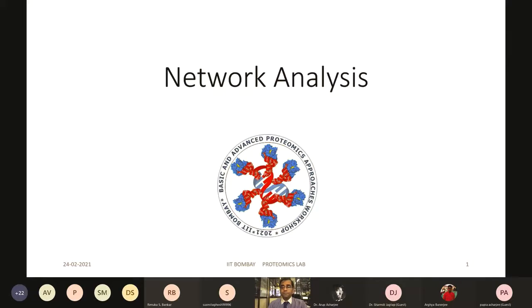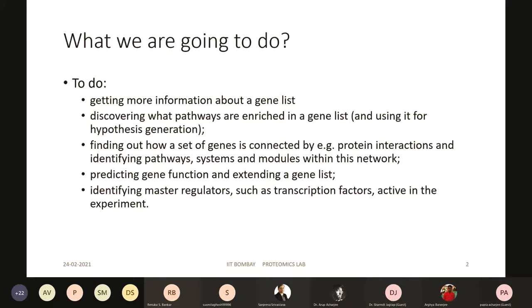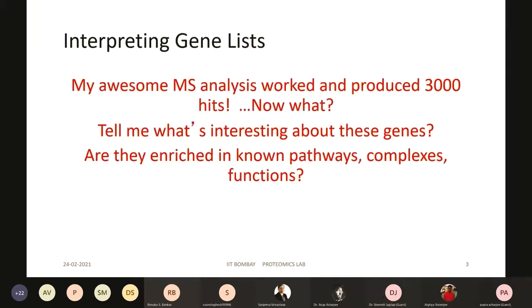Right. So for network analysis or pathway analysis, the problem is that whenever we start an experiment, at the end of the experiment we have lots of data. These are all high throughput techniques. So humanly it is not possible to extract all the information that the instrument has given to us. It often happens that you would have a lot of hits.